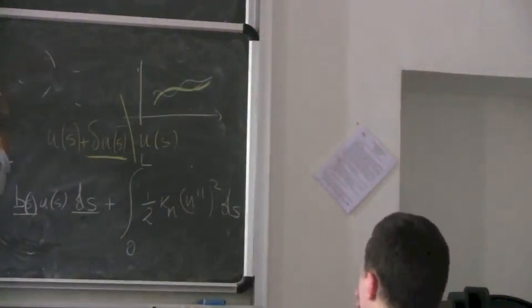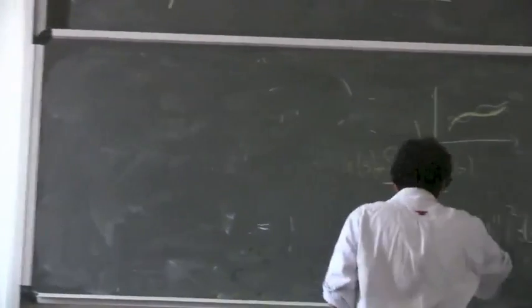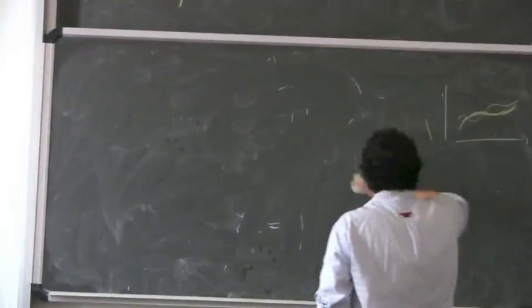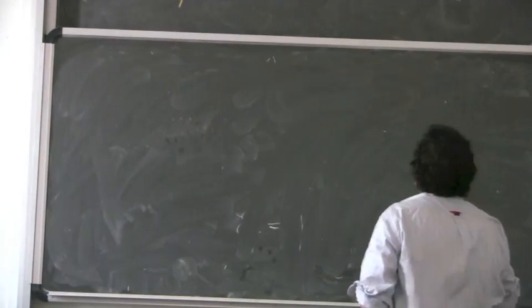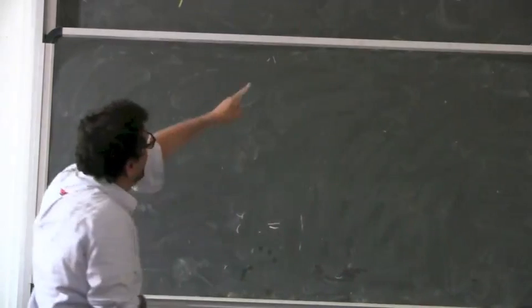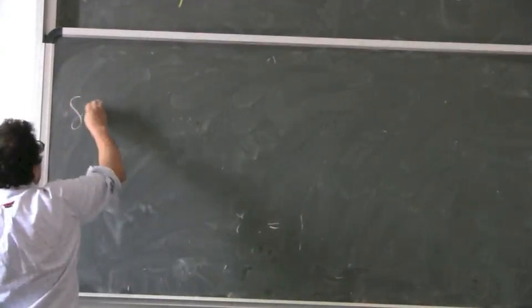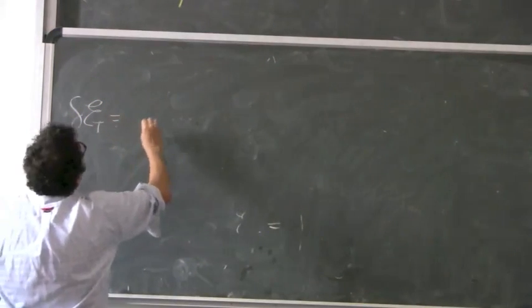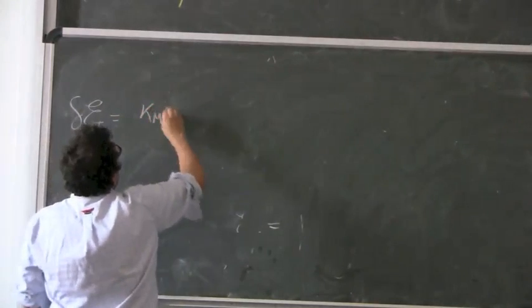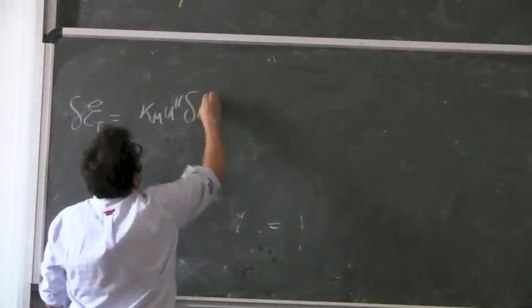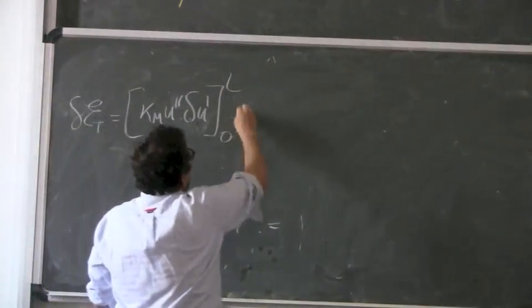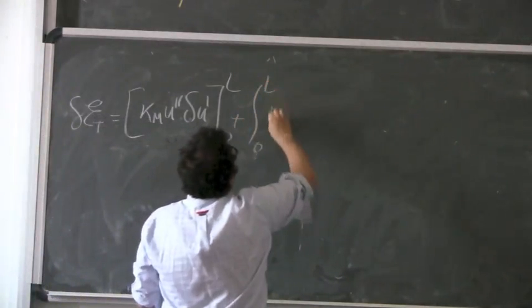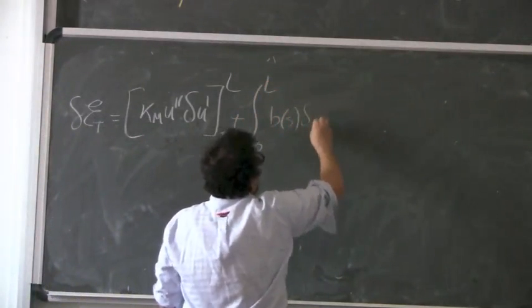Okay. What we have to do now? We have to replace that term we have calculated. So delta E equal Km u second delta u prime between 0 and L plus integral 0 L b s delta u ds.